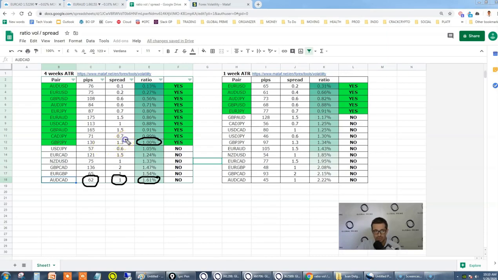The reason is because even though the spread might actually be between 1 pip to 1.3 pips, it varies based on liquidity. But here the volatility that gets displayed on a daily basis is 130 pips. Therefore, this puts us in a ratio of 1%, which I would say is still acceptable. Okay. Now looking at the dollar JPY, just a paltry 57 pips on average.